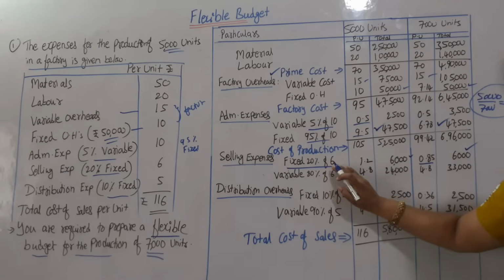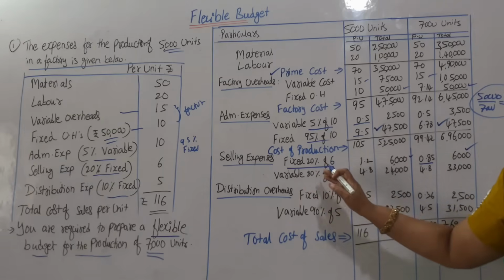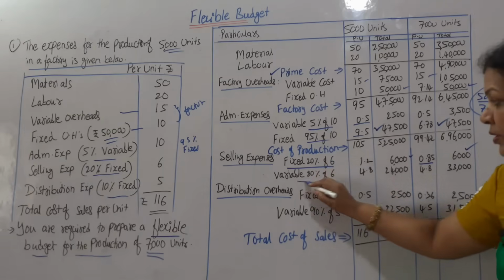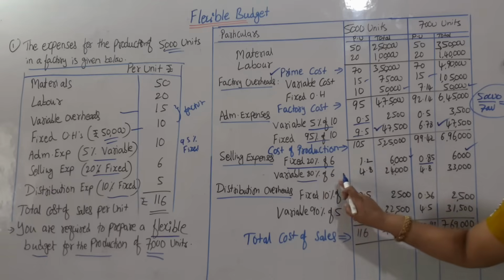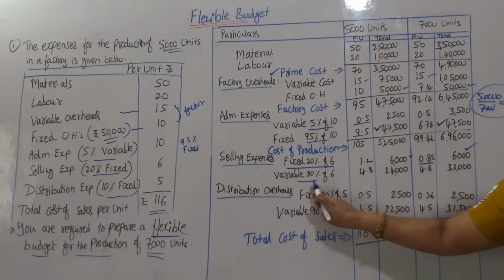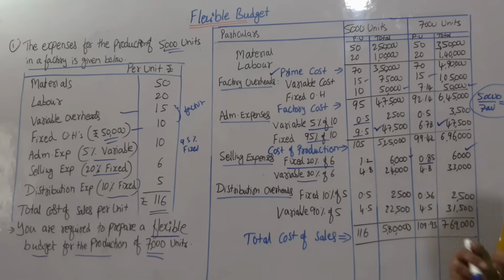0.85. Fixed is over. Now variable here is 80%. 20% is fixed, 80% is variable. Out of 6, 80% is 4.8. 6 into 80%, 4.8. 6 into 20%, 1.2.